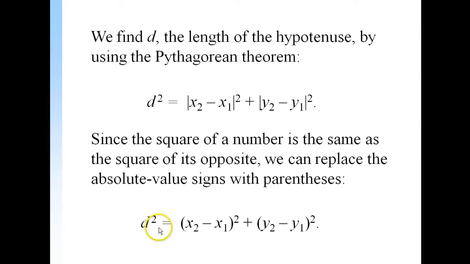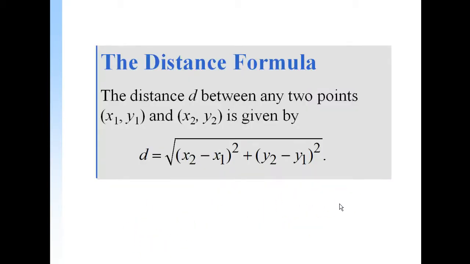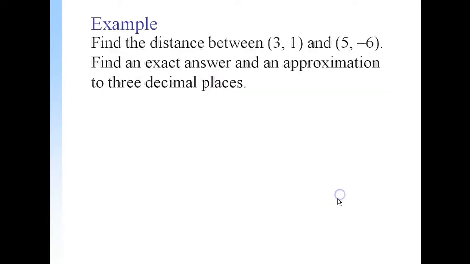So we're going to take the x coordinates, subtract them and square them, y coordinates, subtract them and square them, add them together, and then take the square root of that. That is the distance formula. Now you're probably going to have to memorize this if you have to use it, but initially I'm sure they'll give it to you.